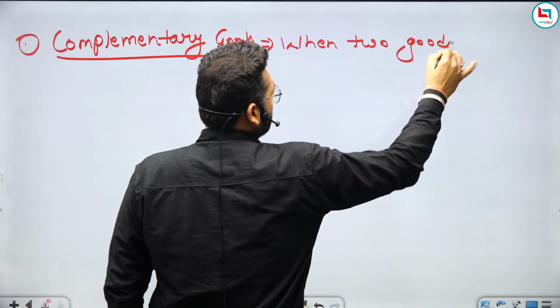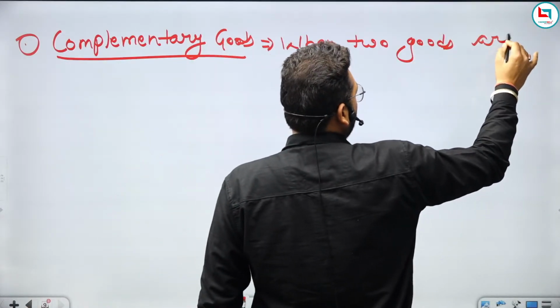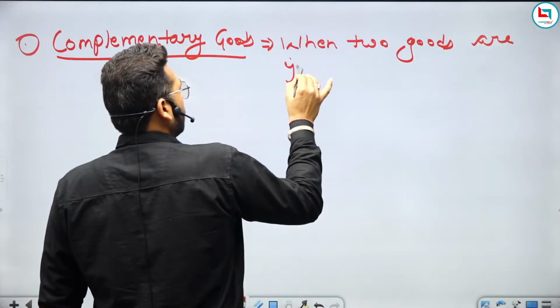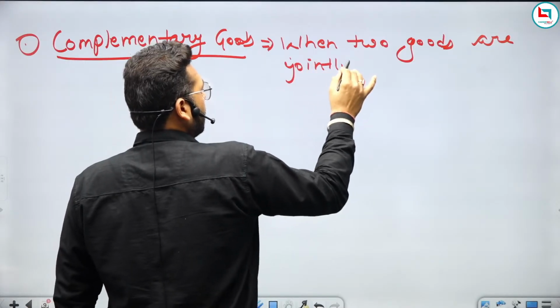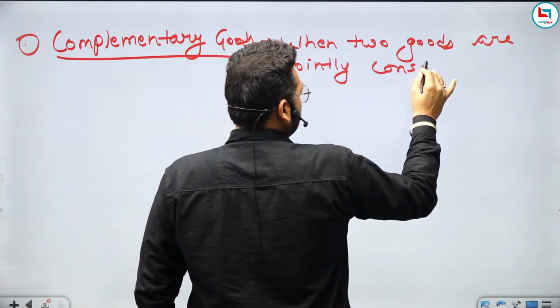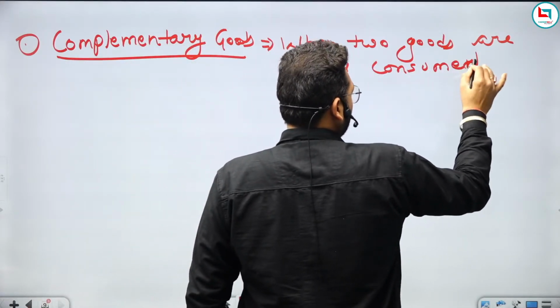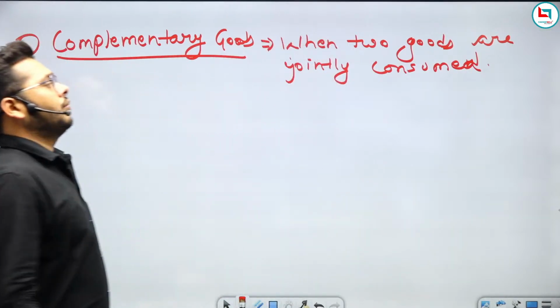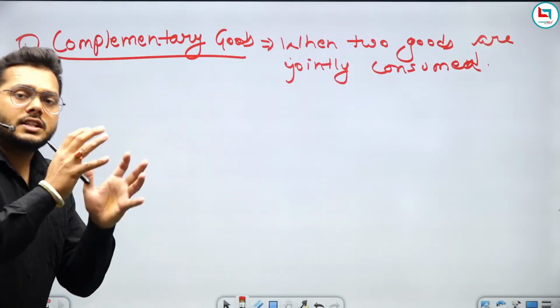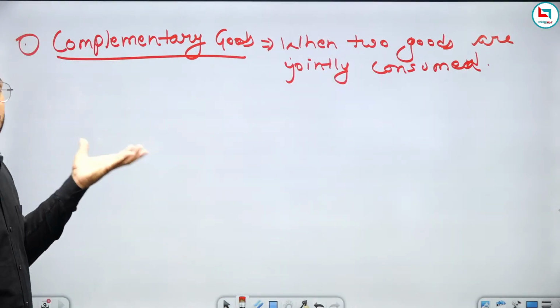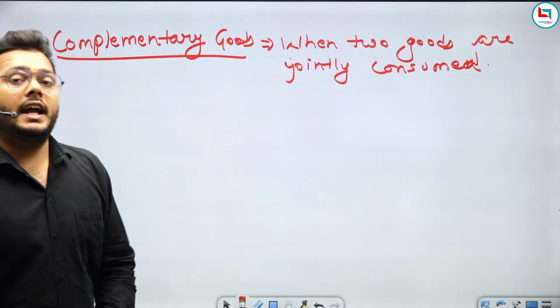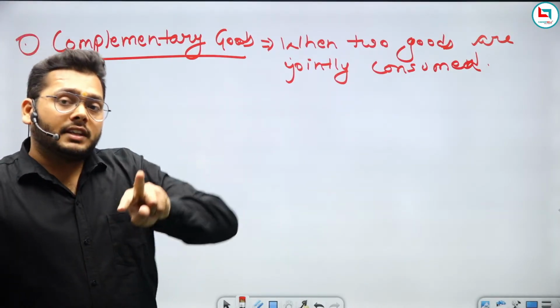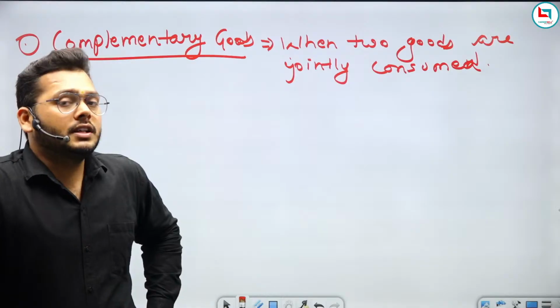When two or more goods are jointly consumed, this type of goods comes under complementary goods, like car and petrol. So there is a negative relation between these two goods.